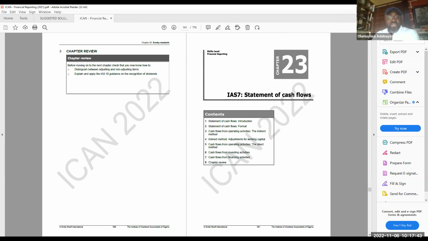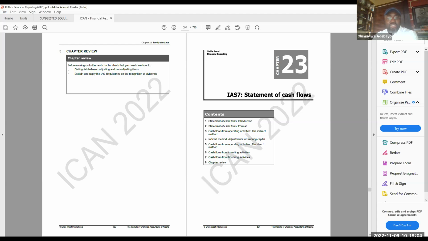We'll make reference to ICAN material to provide some introductory understanding about what we want to discuss. I believe at this point every one of us has gone through this topic, because you can't be talking about revision without necessarily going through the topic.